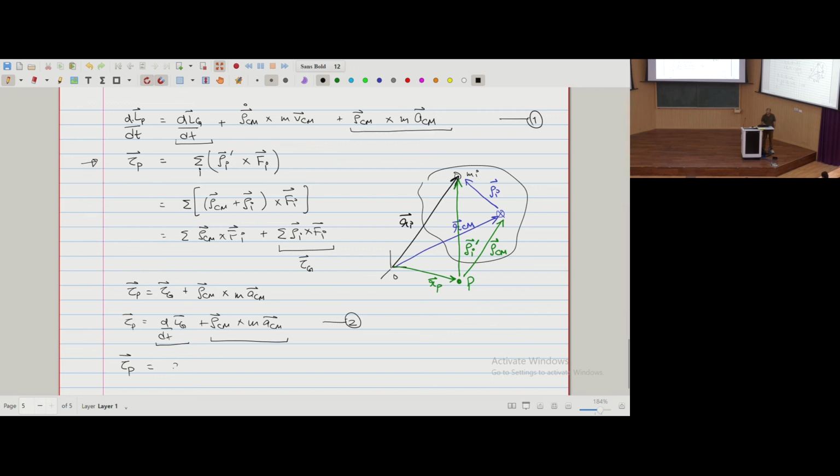So this becomes, okay. So that's simply using 1 and 2.